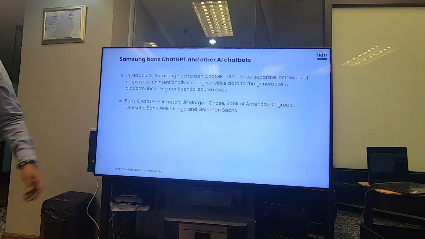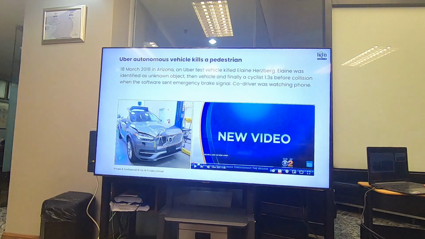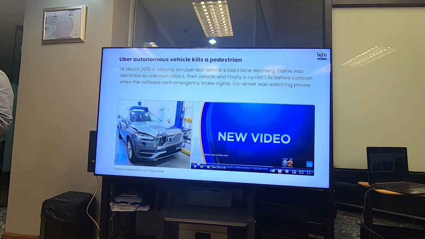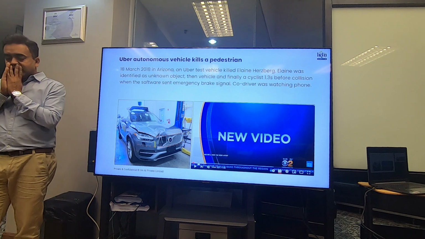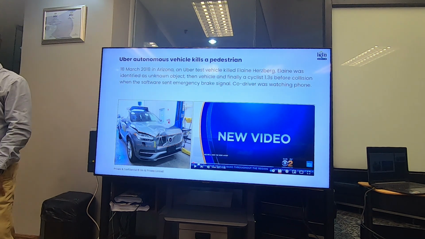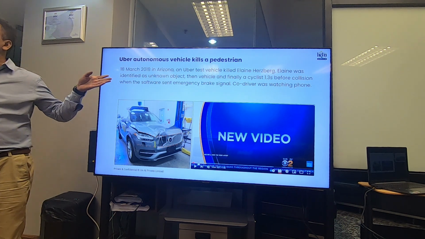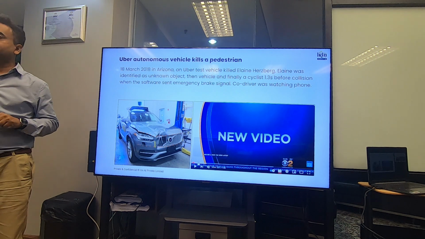There was that Google Uber video. Okay. Now this is another tragic incident that happened around 5 years back. So Uber was testing their self-driving cars, right?